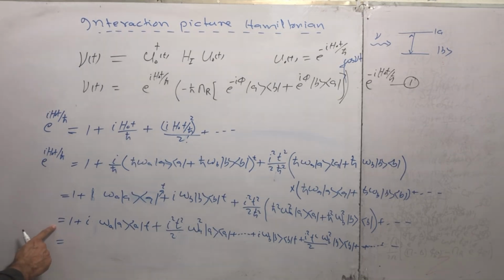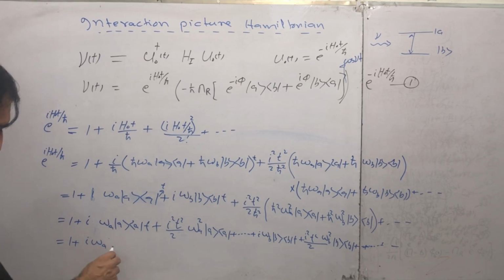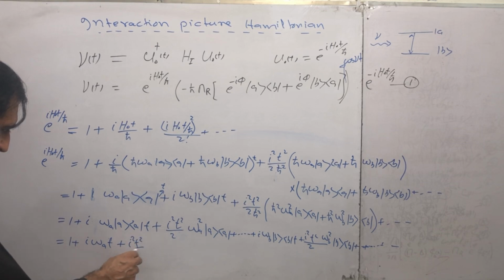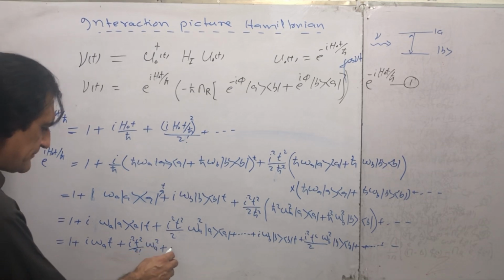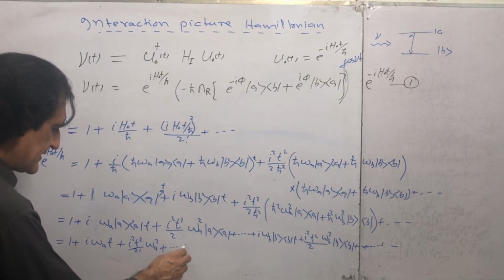Now the next point is I am interested to write the A state common. If I take A common from here, then 1 plus iota omega A state common, and t plus iota square t square divided by 2 h cut omega a square plus similarly the third terms and so on.